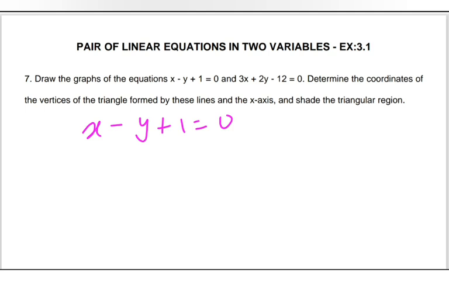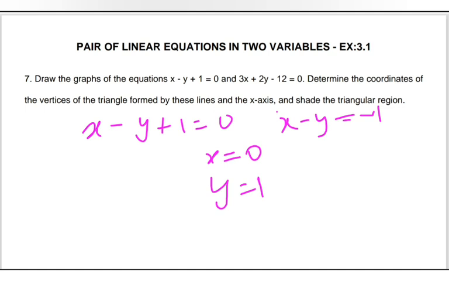Let's rewrite this equation as x minus y is equal to minus 1, for our convenience. So first let's take x as 0. For plotting graphs we need 2 points, x comma y. So if we take x as 0, I will be getting 0 minus y is equal to minus 1, so y equal to 1. So this should be your first point.